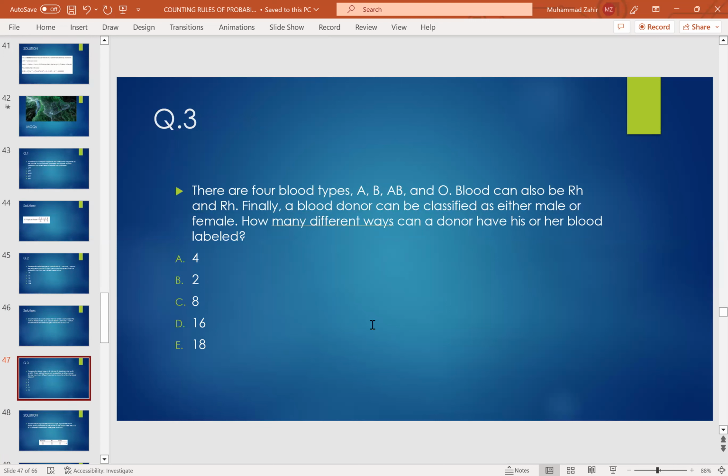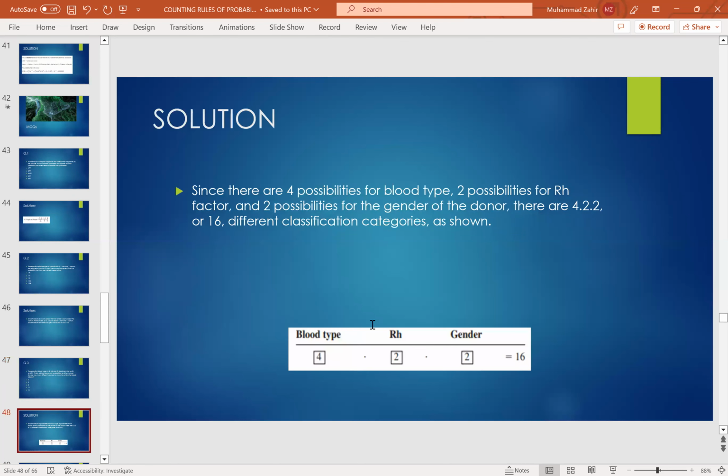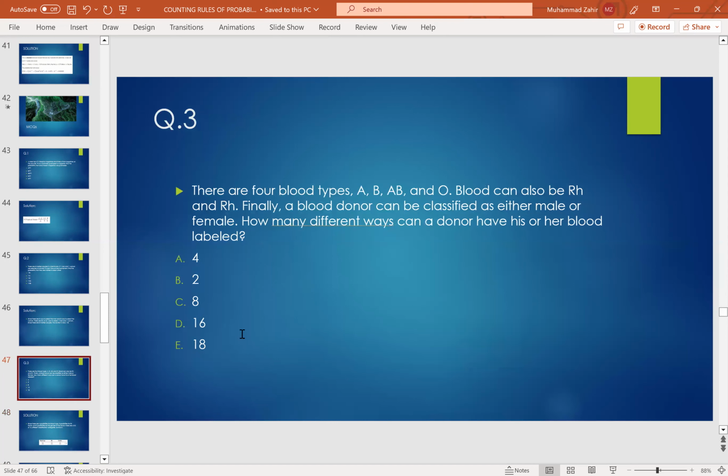These are the options. The solution is: since there are 4 possibilities of blood type, 2 possibilities of Rh group, and 2 possibilities of the gender of the donor, there are 4 times 2 times 2, or when we multiply them, the answer is 16. So in this case, 16 is the correct option.